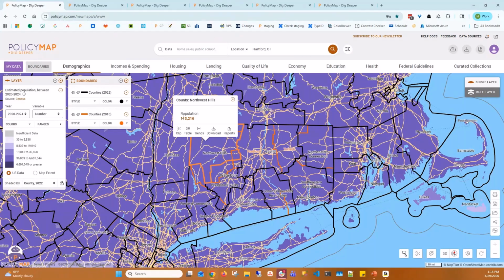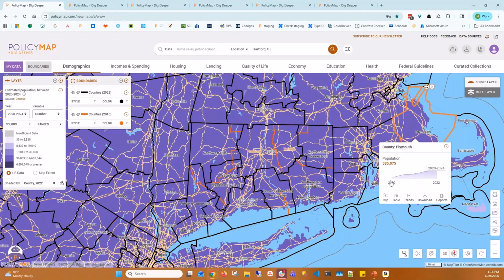As you can see, there's no trend chart. If I was to look over here, you would see that there's a trend chart going all the way back to 2000. This is because this boundary has been stable, and we have been able to unequivocally say through our analysis that we are able to compare over time.